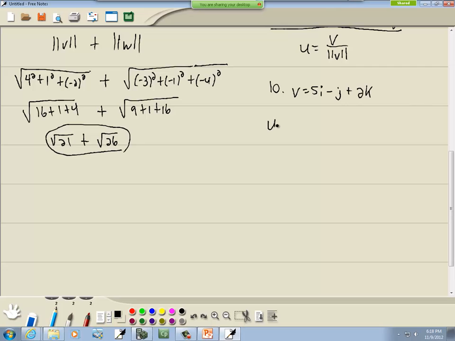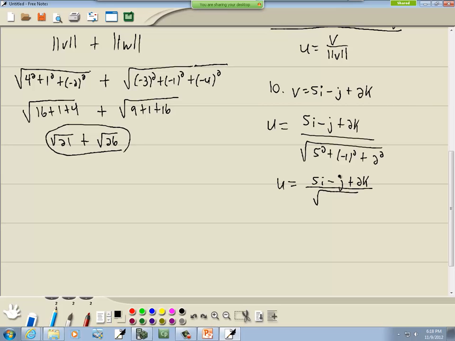Well, my unit vector, and again, I'm not going to put the little vector notation over them, but keep in mind they are. So we're going to have 5i minus j plus 2k over the magnitude of v. So we'll have the square root of 5 squared plus negative 1 squared plus 2 squared. 5 squared is 25, plus negative 1 squared is 1, plus 2 squared, which is 4.